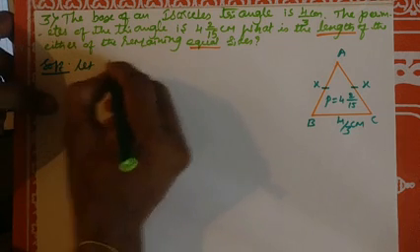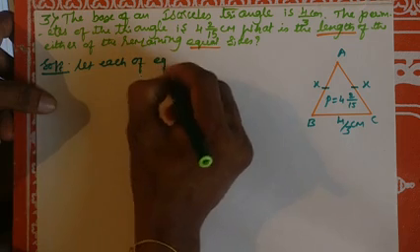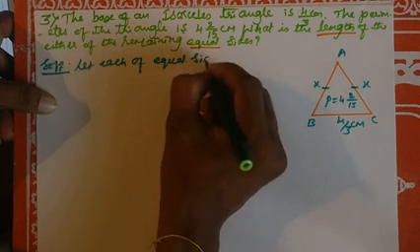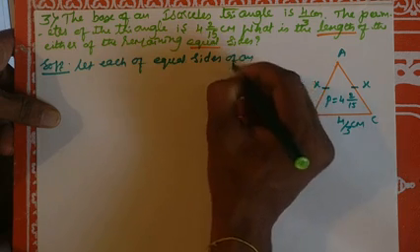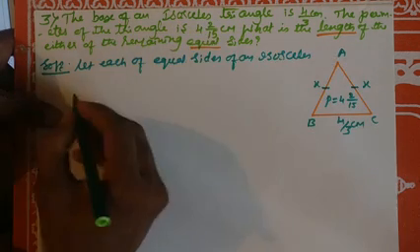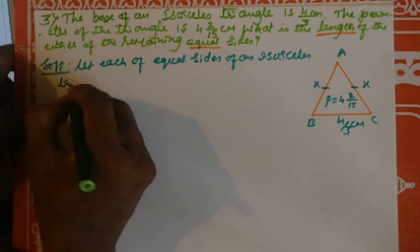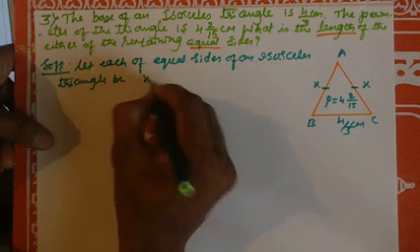Let each of the equal sides of an isosceles triangle be x centimeter.